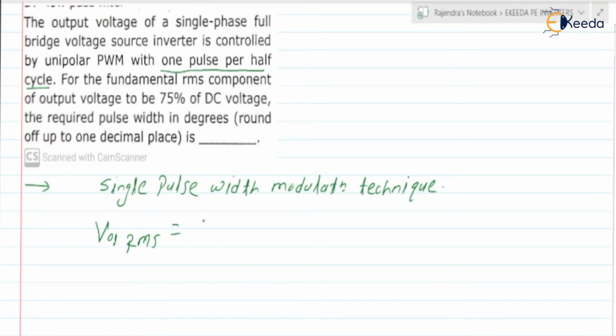So it is 0.75 into EDC, right? So it is given, and our task is to find the delta.